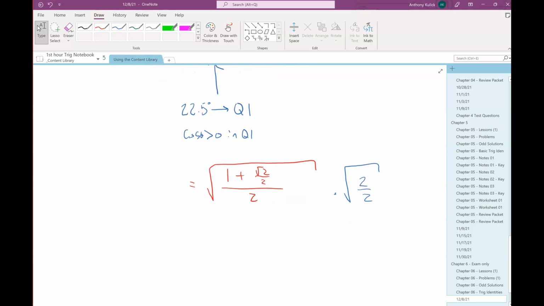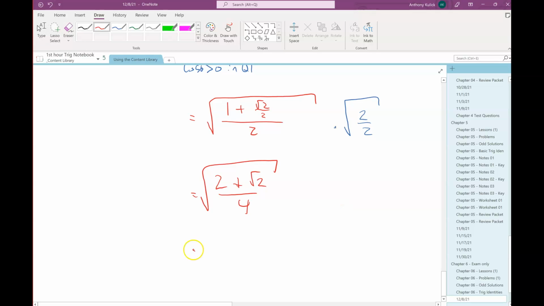Okay, so when I do that, I end up with 2 plus root 2 over 4, and that's still all under the big square root. Notice I can do a little bit of simplifying here, because if I have a square root over a fraction, that's the same thing as the square root of the top and the square root of the bottom.